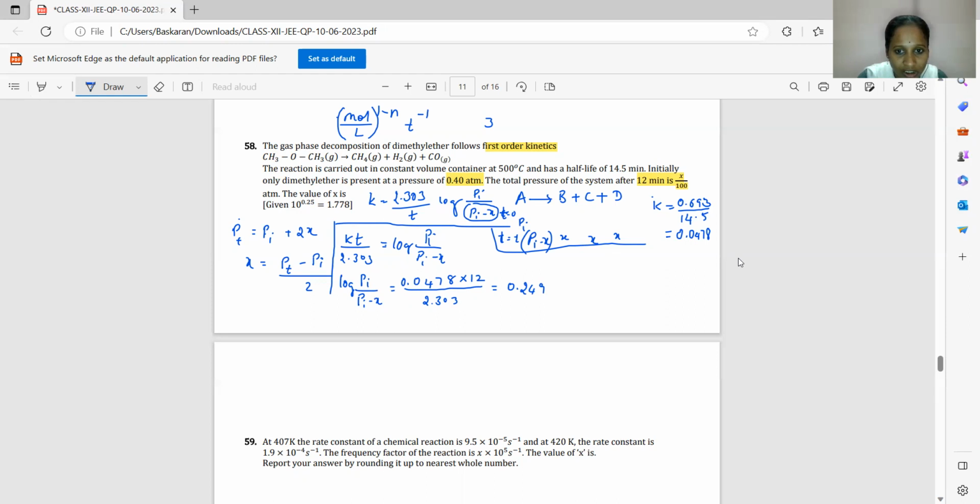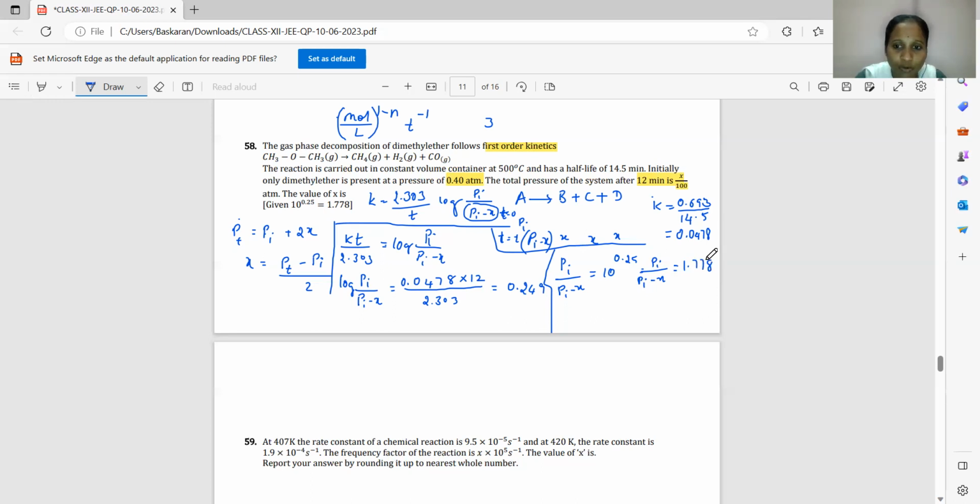So which means that Pi divided by Pi minus X will be equal to 10 power 0.25. So the value of Pi divided by Pi minus X is equal to 1.778.